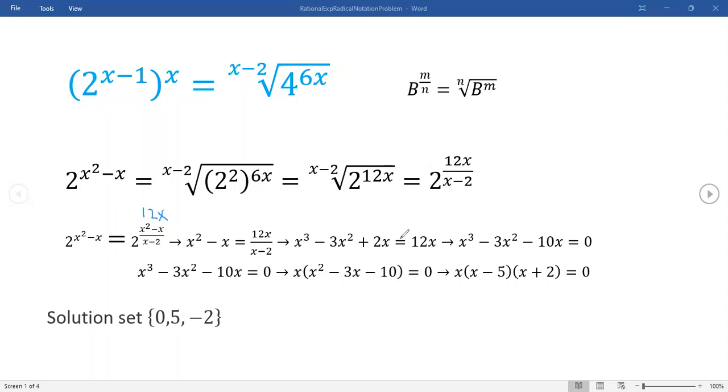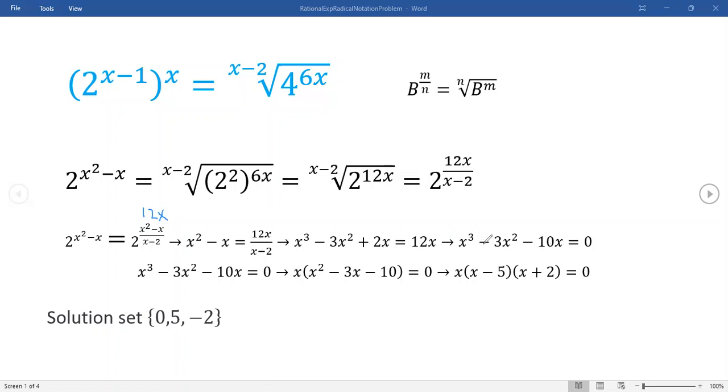Again, I left that out just to avoid clutter, but I multiplied both sides by x minus 2. So x minus 2 times all of this represents these 3 terms. See that? And notice that I just have 12x here because x minus 2 over here would cancel. Now luckily, we actually get a cubic equation.